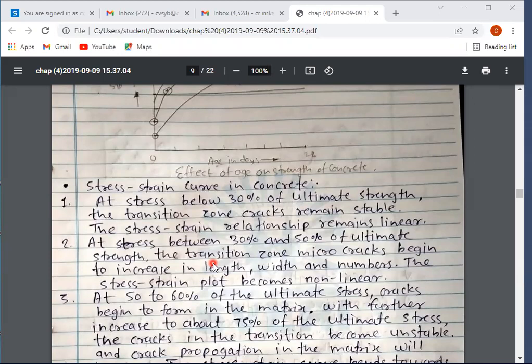I know we have two yield points, the lower yield point and the upper yield point.